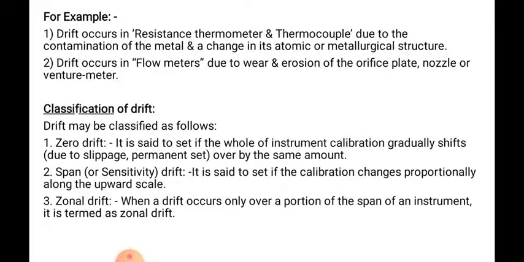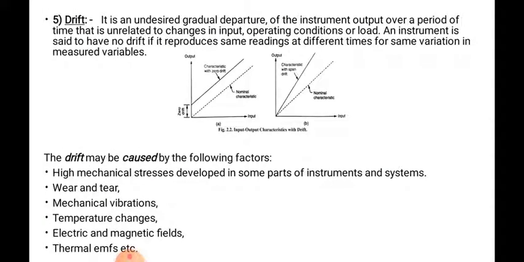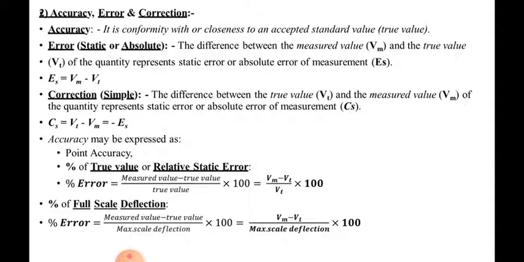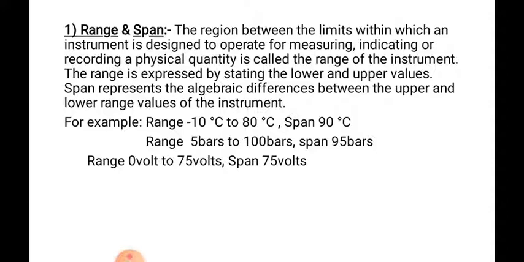Before that we studied drift: what is drift, what are the different types of drift, and what are the causes of drift in the instrument. Before that we studied hysteresis, and how hysteresis occurs in a measuring instrument. Before that, calibration, which we explained with the help of a spring balance, along with accuracy, error, correlation, and the first static characteristics, range and span.